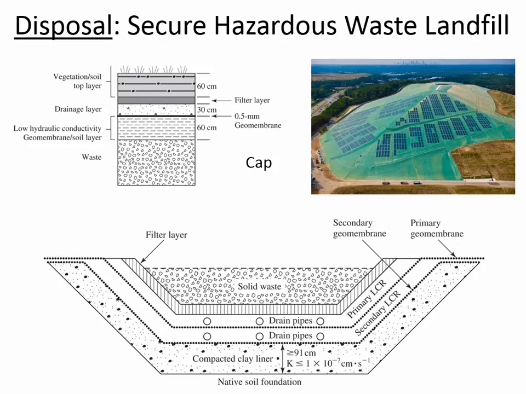The other thing that's unique about a secure landfill is that there are two different drainage systems underneath. You may occasionally have things coming through this first layer of drainage pipes, but the second layer of drainage pipes is actually more of an emergency alert system than a way to remove any liquid, because if you notice anything coming from this bottom layer of drainage pipes, that means that the geomembrane underneath the first layer has been ruptured.